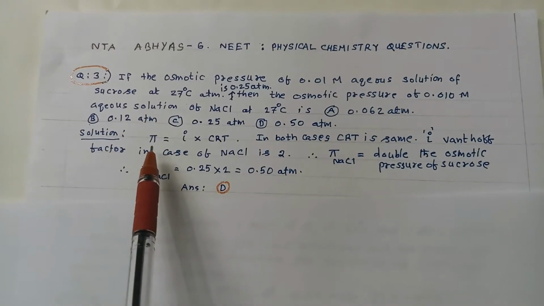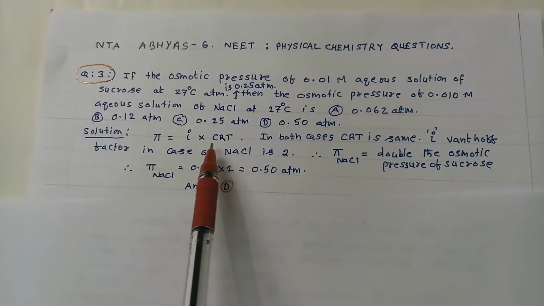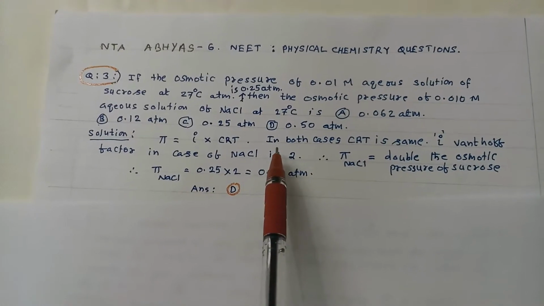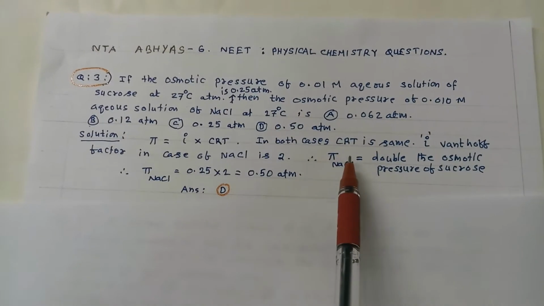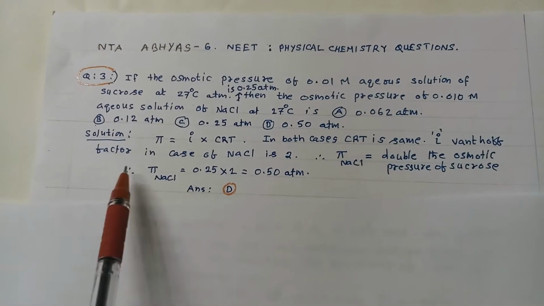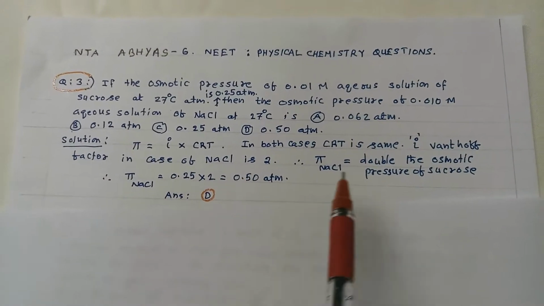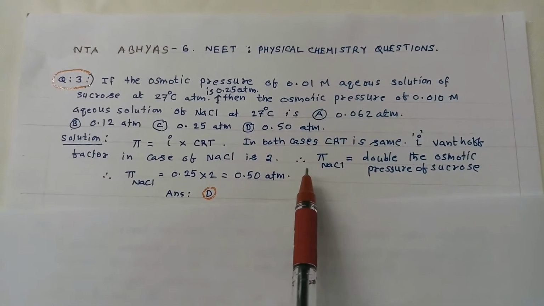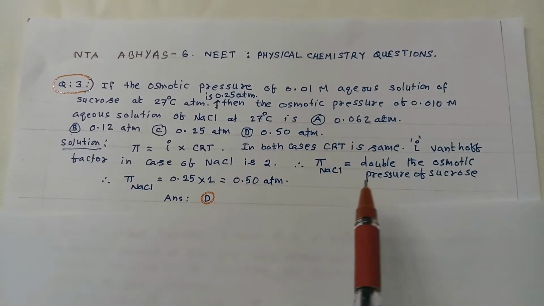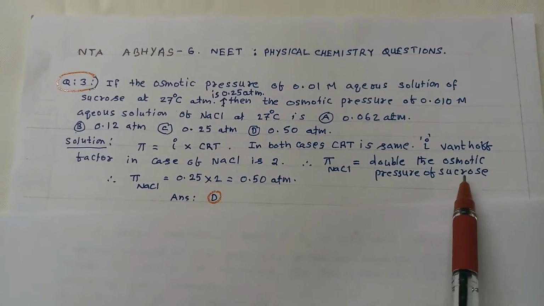Here we have to use pi is equal to van't Hoff factor into CRT, concentration into gas constant into temperature. In both cases CRT is the same, and the van't Hoff factor in the case of sodium chloride is 2, and therefore the osmotic pressure of sodium chloride will be double the osmotic pressure of the sucrose.